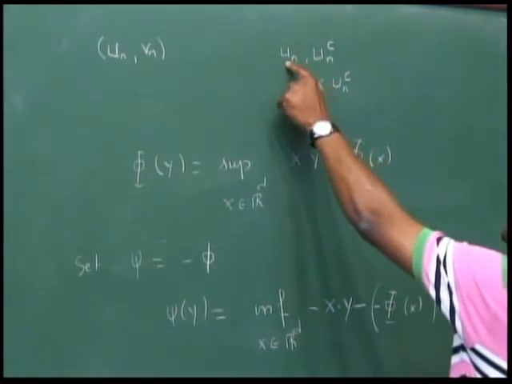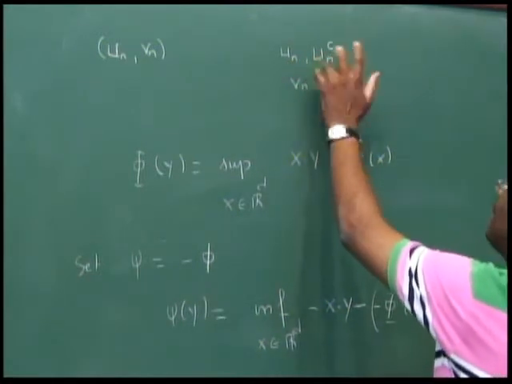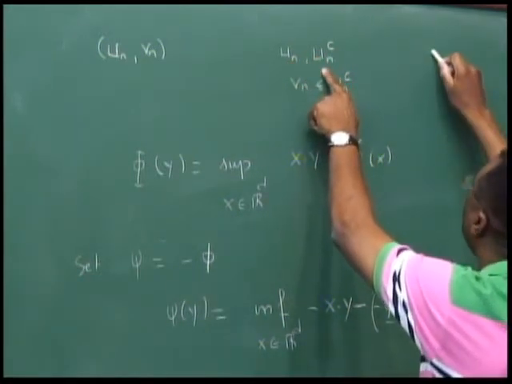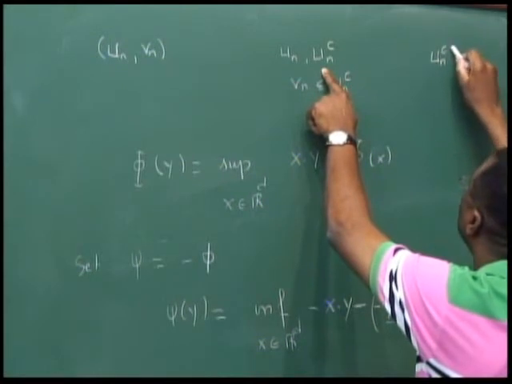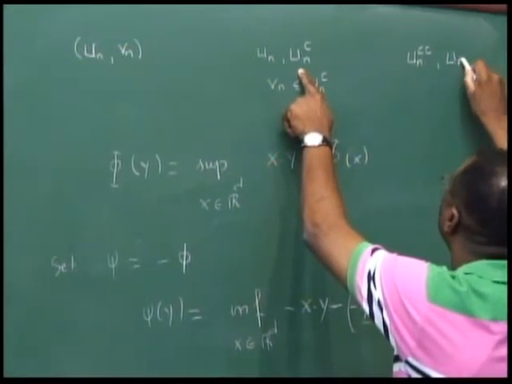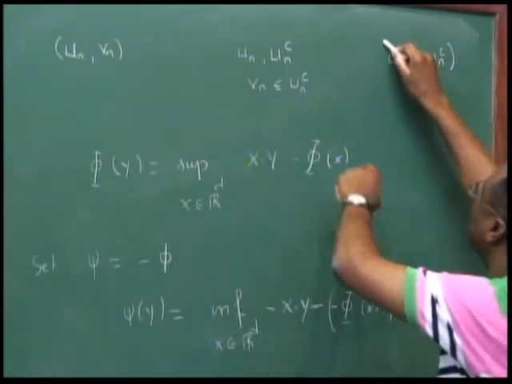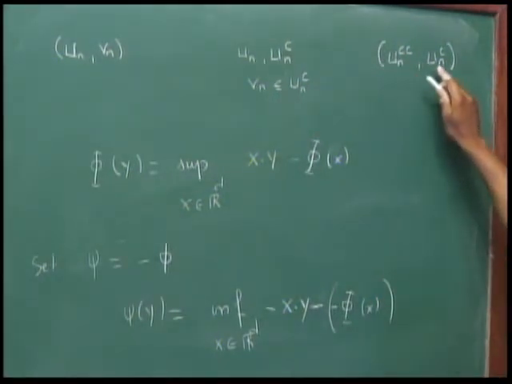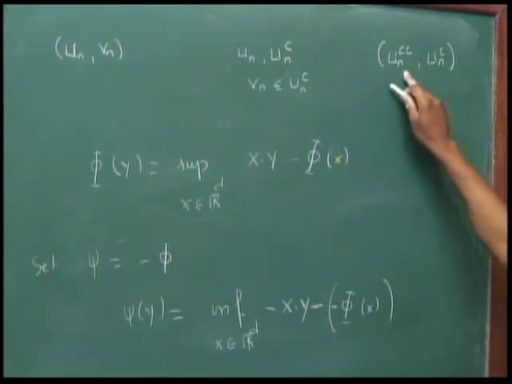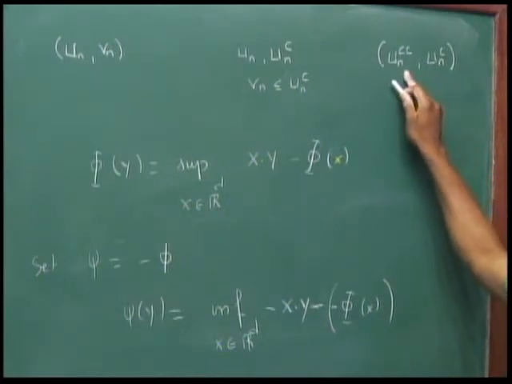That one is still not Lipschitz. I am going to apply the c-transform again to have u_n^cc, u_n^c. Now, this is Lipschitz, that is Lipschitz. This is below that. And so I have improved my situation.